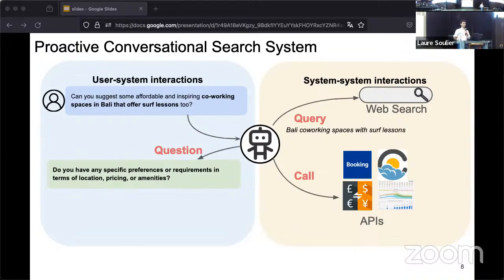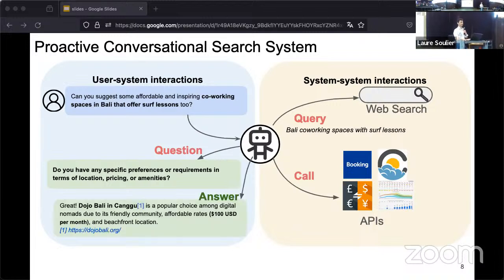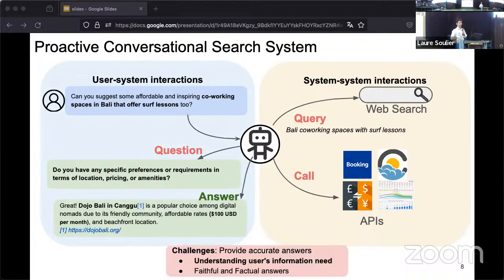But they can also interact with the user by, for example, asking clarifying questions to provide a more accurate answer in the end. So the main challenge is, as I said, to provide an accurate answer. This means that the answer must be specific to the user's need, but also needs to be faithful and factual regarding the retrieved documents.